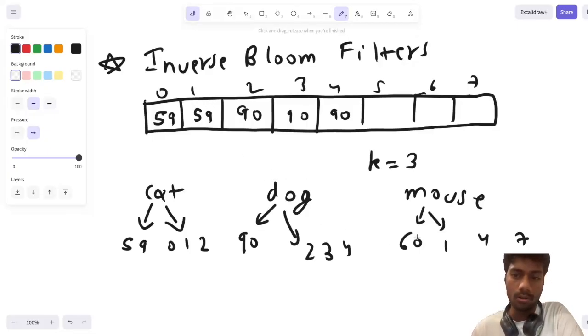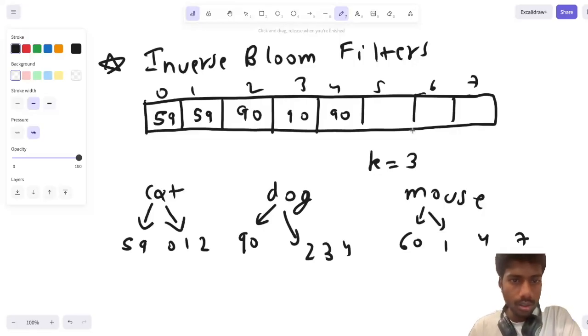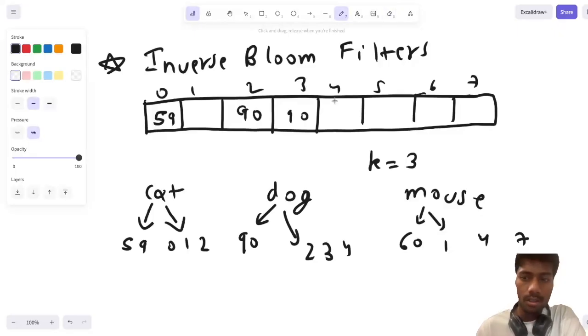No. Okay, cool. And what about 4? No. 7? No. Then it means that it did not exist there, or it probably did not. What if it was overwritten, right? So in order to store it, we again go to 1 and 4, and we store 60 here.